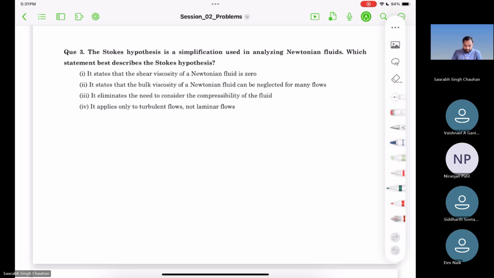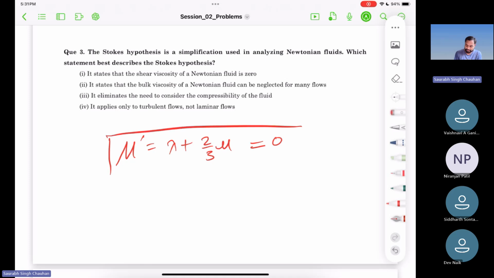This has been discussed in the lecture, that the Stokes hypothesis basically says that the bulk viscosity of a Newtonian fluid can be set to 0. Bulk viscosity is lambda plus 2 by 3 mu, and this can be approximated to be 0.